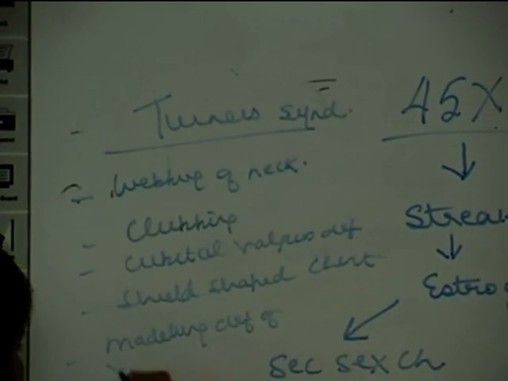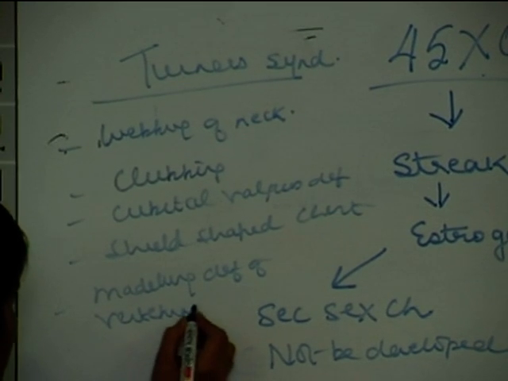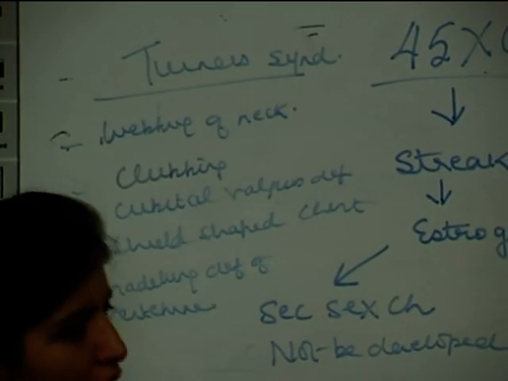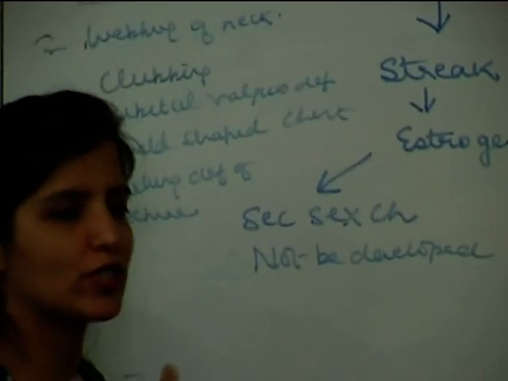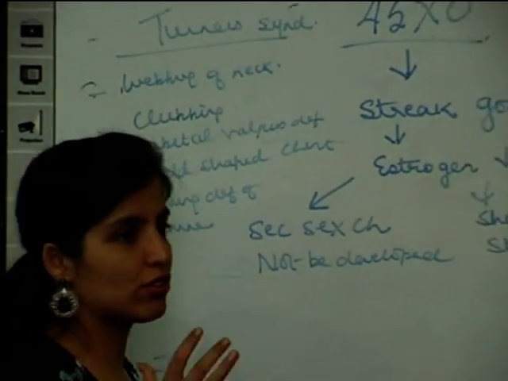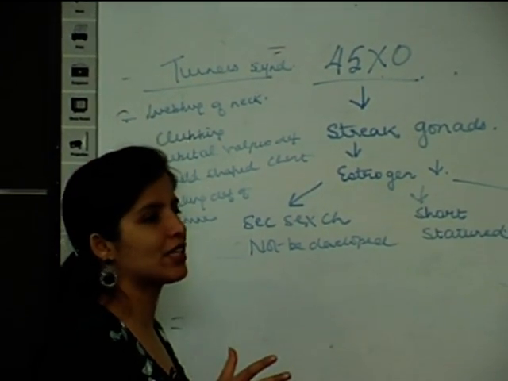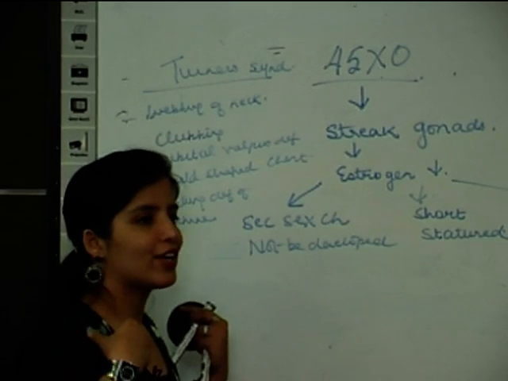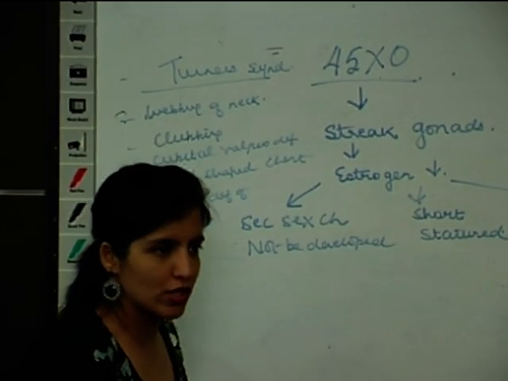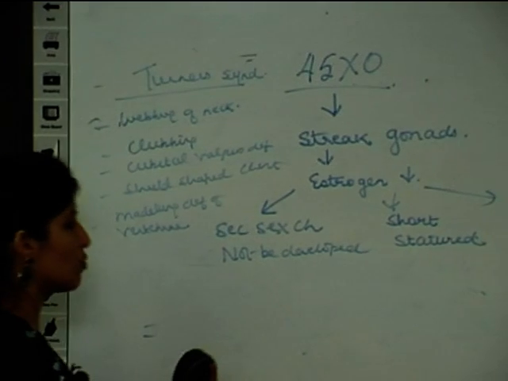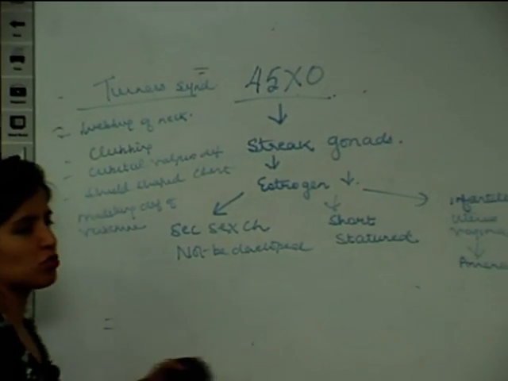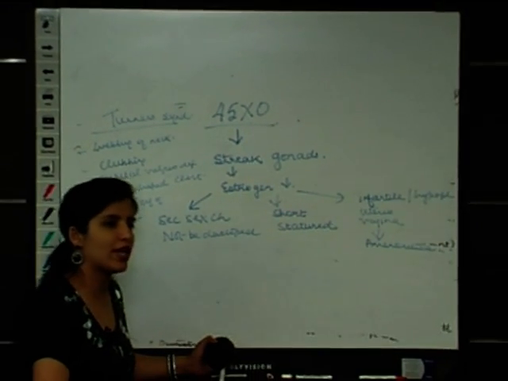But this is something which you study in pathology and medicine. I am not concerned with all the characteristics of Turner syndrome. I am concerned with the gynecological aspect of Turner syndrome. So these patients will come to a gynecologist with a complaint of primary amenorrhea.